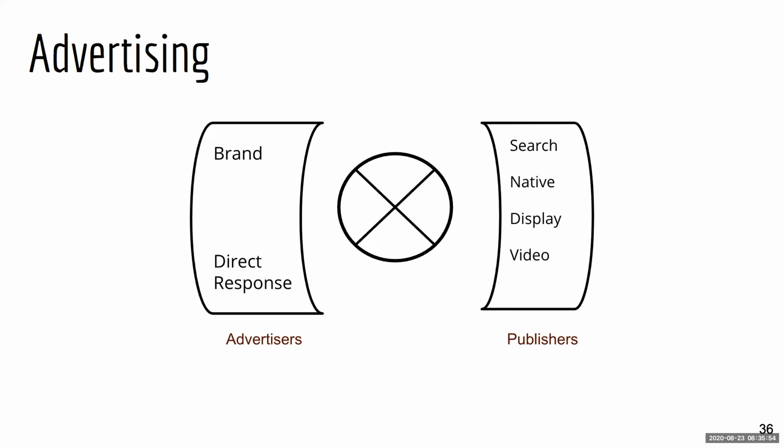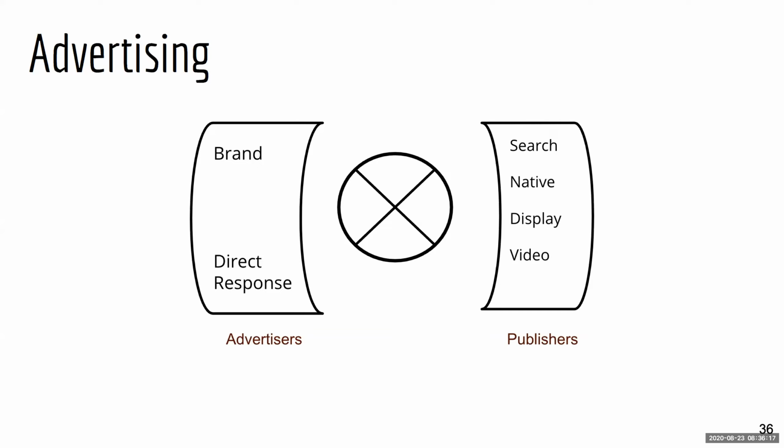This has an impact on the cost models, cost per impression or cost per click. And I will also present some of the work that we have done in the context of advertising quality. Advertising is everywhere. It's part of search, native advertising, which I have worked on, but also display ads and video ads.